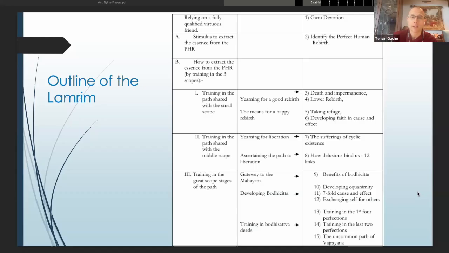Now that's something that, again, I think I did mention in the previous talk here, for a lot of people in today's world, it's not enough just to read the Lamrim, because a lot of the reasons that are presented there might seem a bit obsolete given our current understanding of things in terms of science, in terms of evolution.